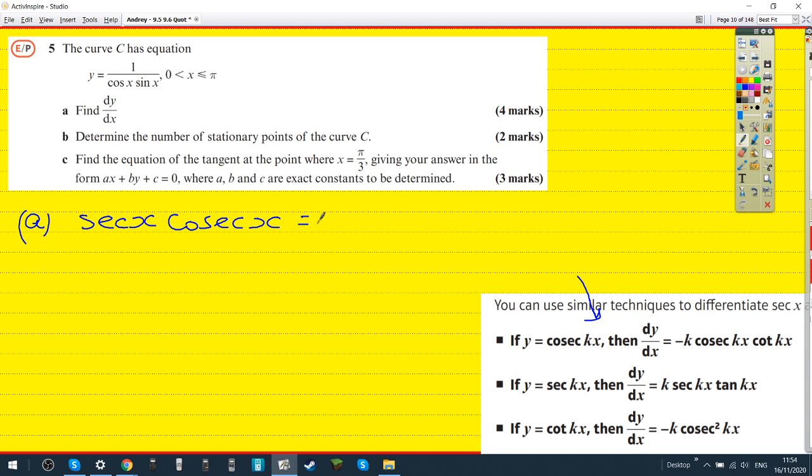So that's y. So find dy dx. Would it be minus cosec x cot x and times sec x tan x?